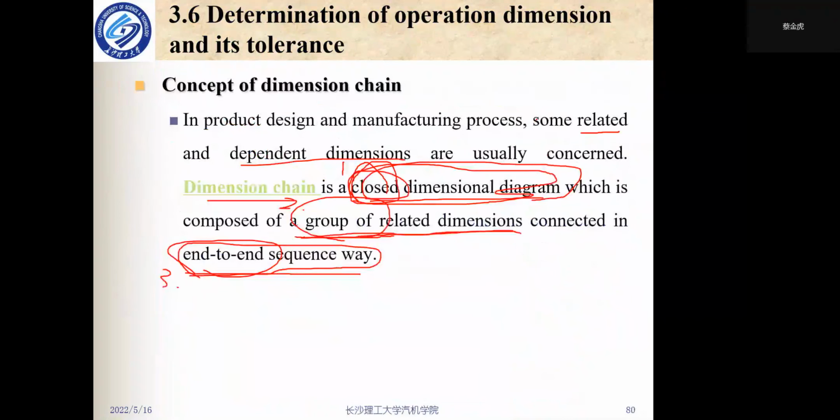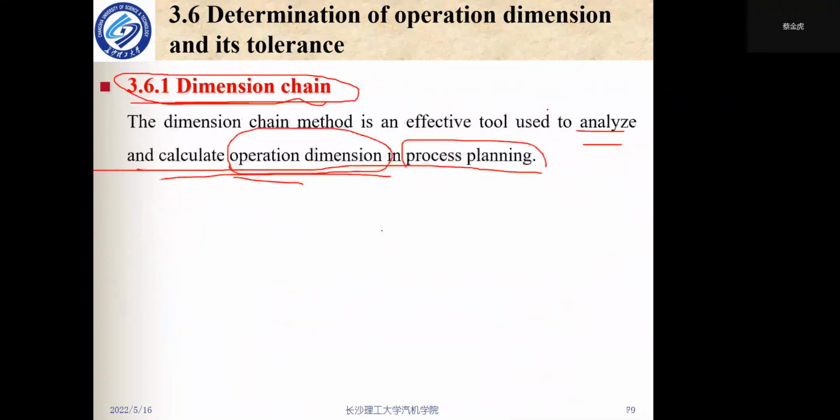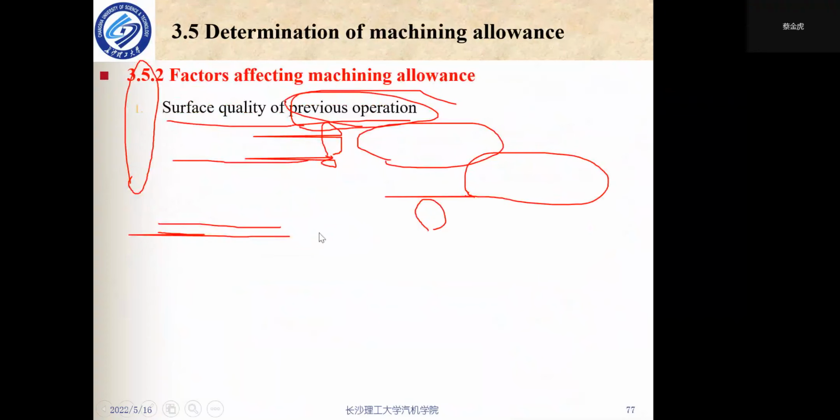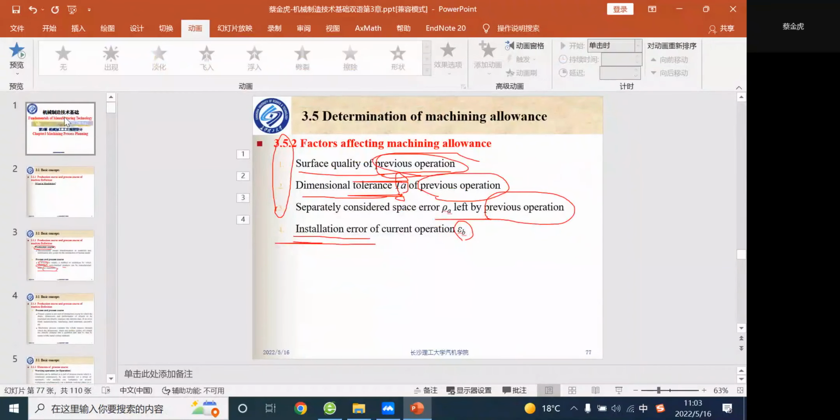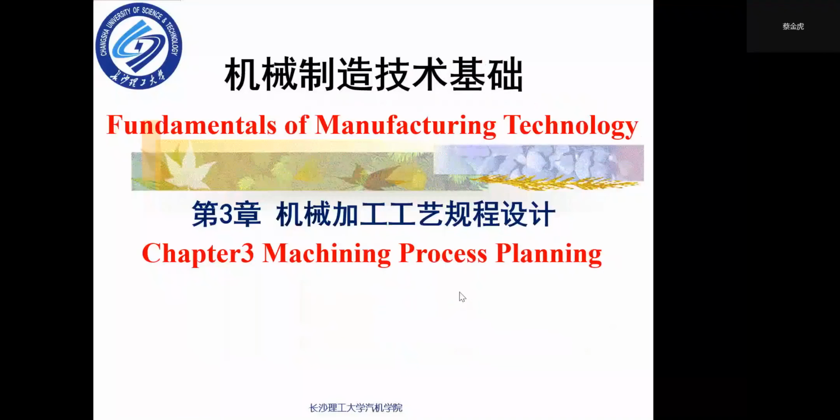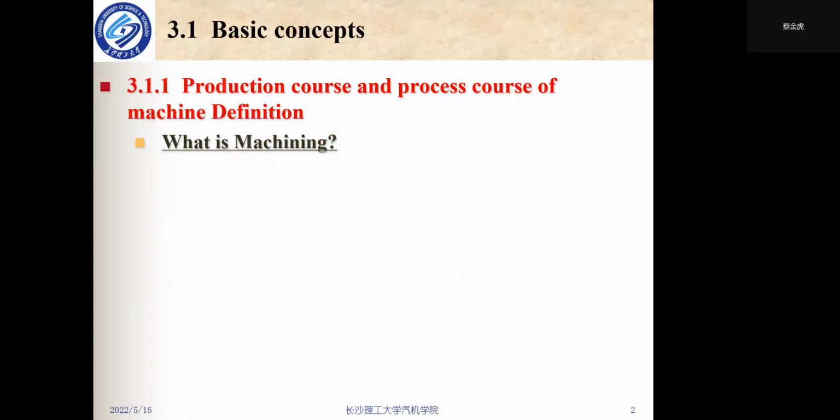So in the last 3 classes, we have learned something about machining process and planning. Some key concepts will be repeated again, and then the class will be finished.